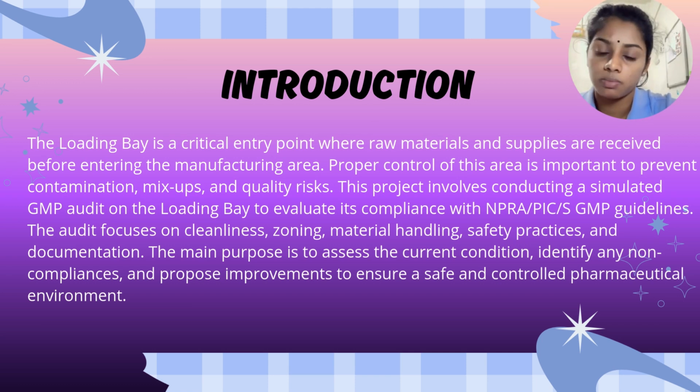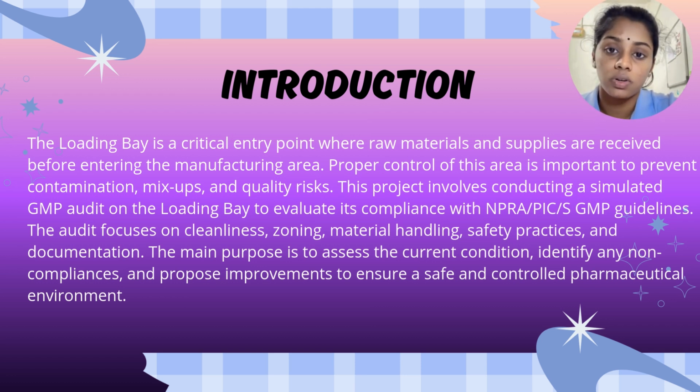For the introduction, the loading bay is a critical entry point where raw materials and supplies are received before entering the manufacturing area. Proper control of this area is important to prevent contamination, mix-ups, and quality risks. This project involved conducting a simulated GMP audit on the loading bay to evaluate its compliance with NPRA, PIC GMP guidelines.